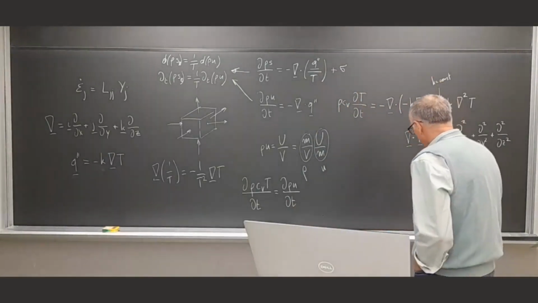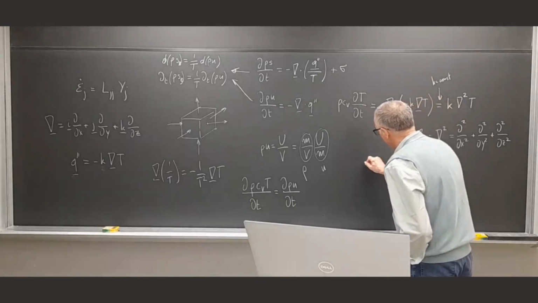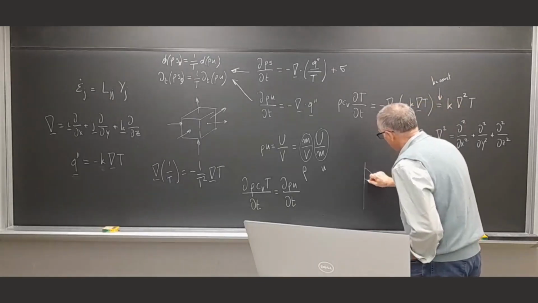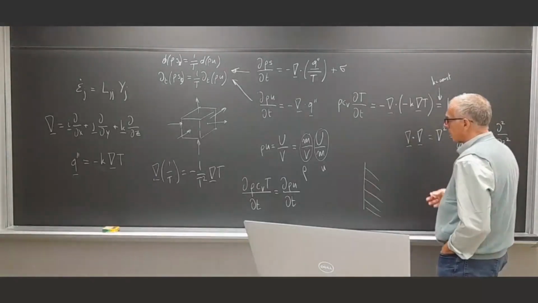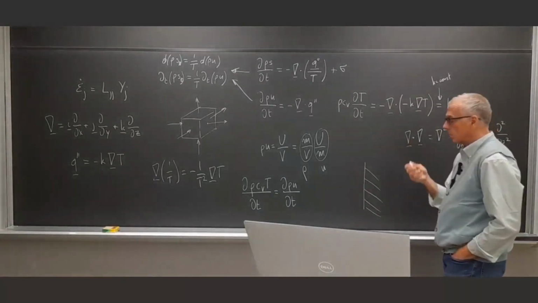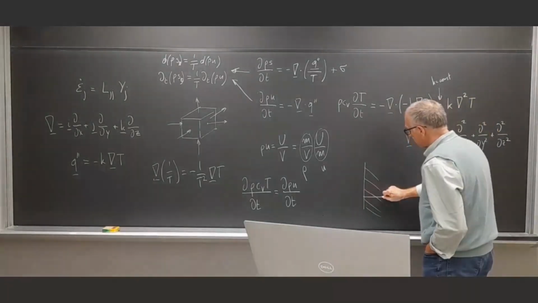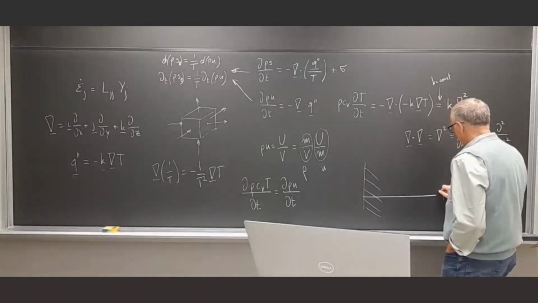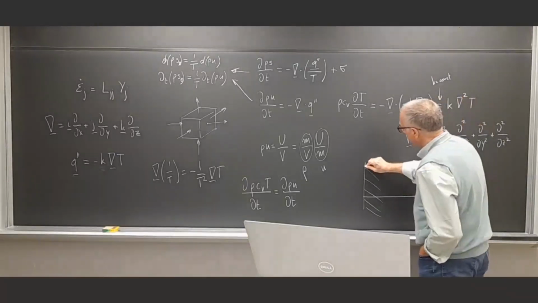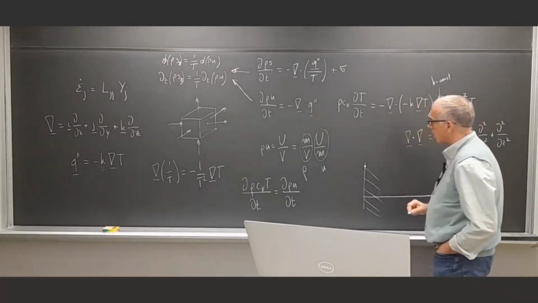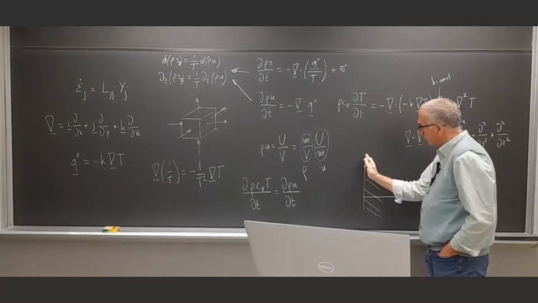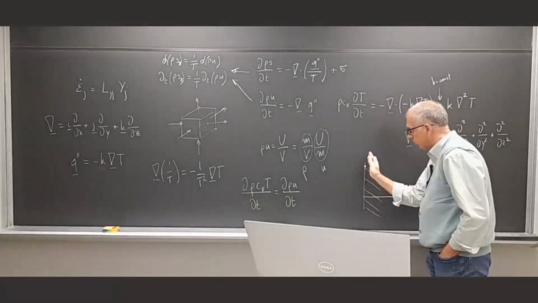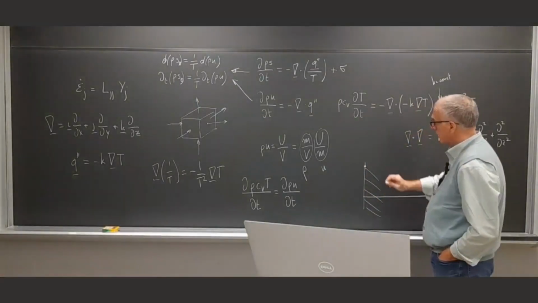I'm sure you're familiar with this problem from heat transfer, in which you have a semi-infinite solid, which is initially at a certain temperature T0. And at time equals 0, you suddenly change and keep from then on the temperature here on the surface.